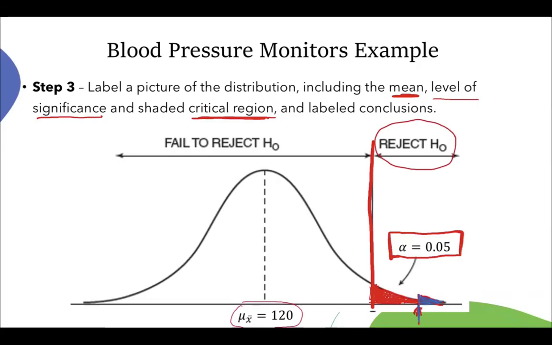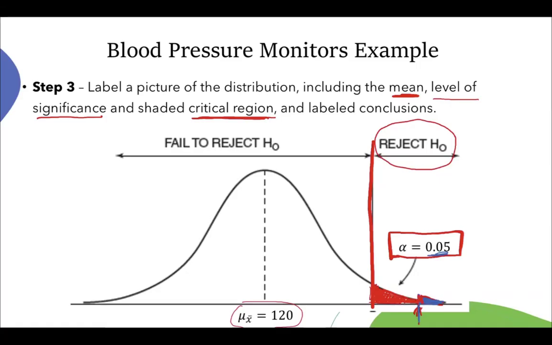If the p-value is calculated for that X bar, you see it's that shaded area in blue. It's smaller than alpha. And when that happens, we reject the null hypothesis. And let me remove that blue because I don't want the blue anymore.